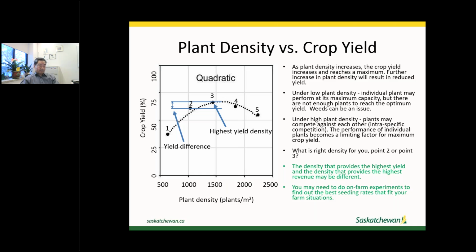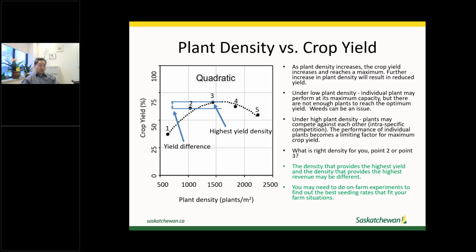It needs to be kept in mind that the density that provides your highest yield and the density that provides the highest revenue may be different. So you should aim for both optimum yield and revenue when you balance your plant density.